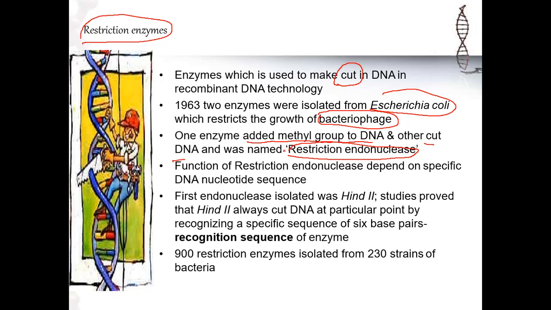Again, one enzyme added a methyl group to the DNA, and the other cut the DNA and was named restriction endonuclease. When we say methyl group, we're talking here about the group of alcohol.